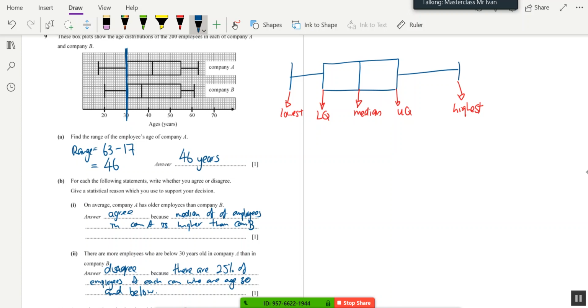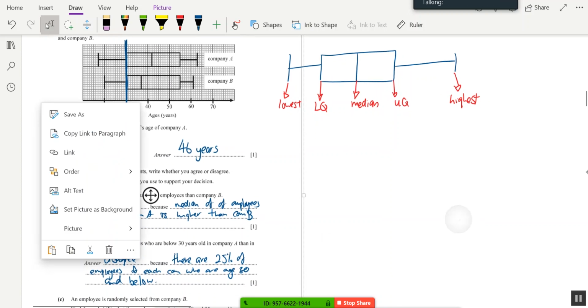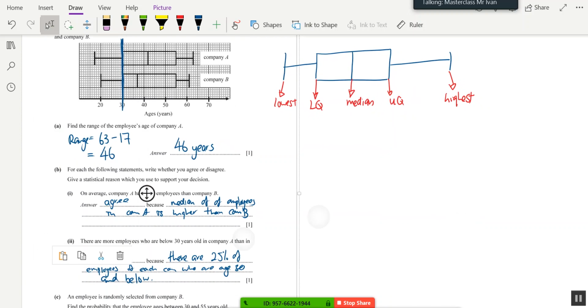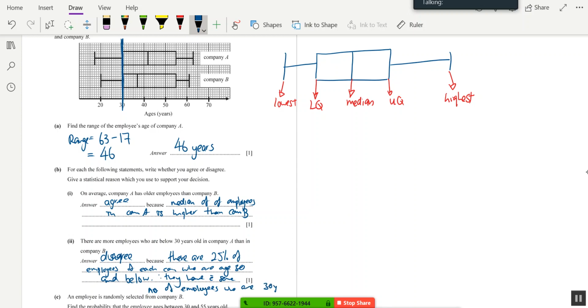Okay, so that means they are the same number. Okay, therefore they have the same number of employees who are 30 years and below.